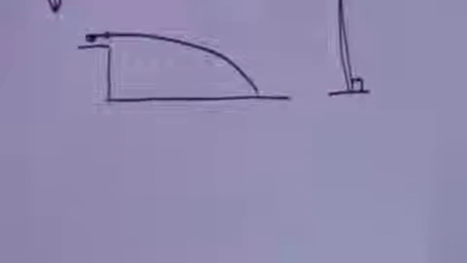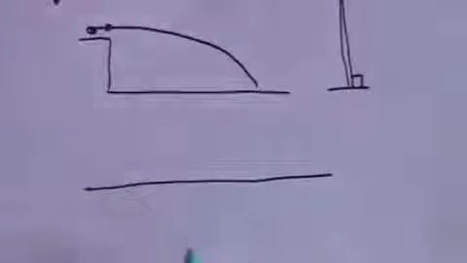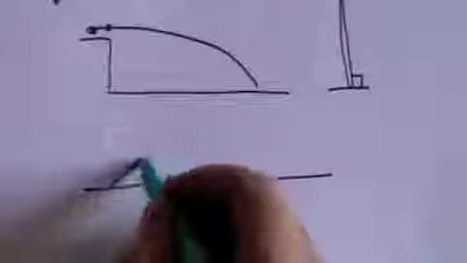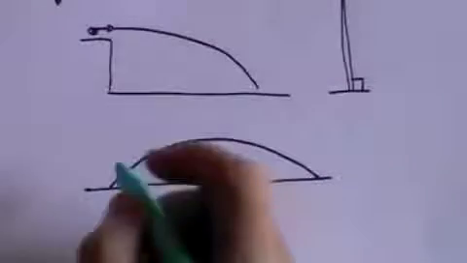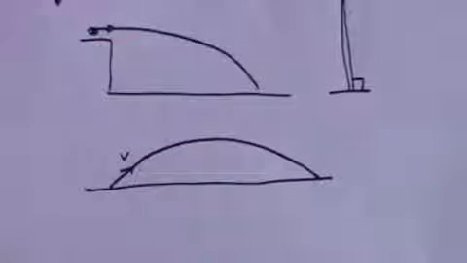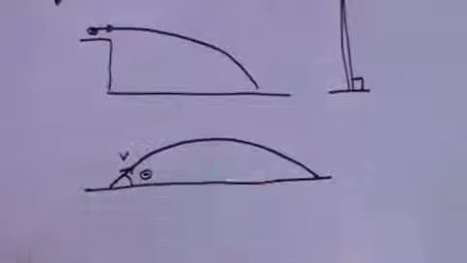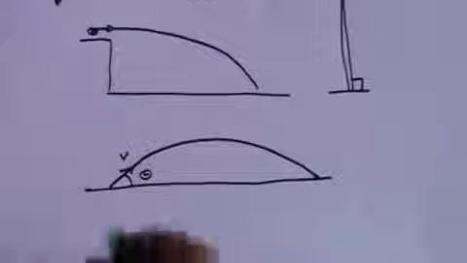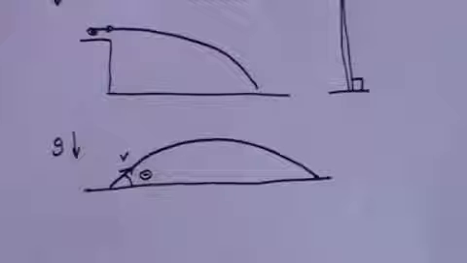Now, in the classical case of projectile motion, we have the ground and we have, say, a ball describing that sort of trajectory, and typically you will be given the velocity v, the angle that the ball is thrown, and you'll be told what the gravitational attraction or the gravitational force is.